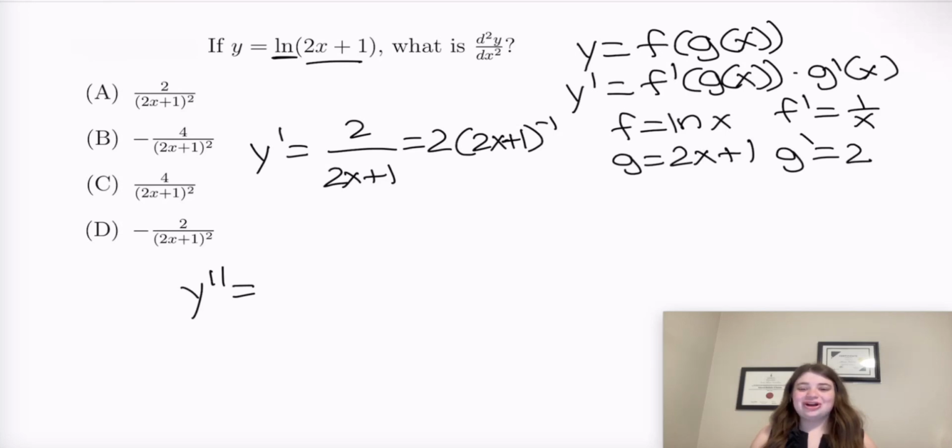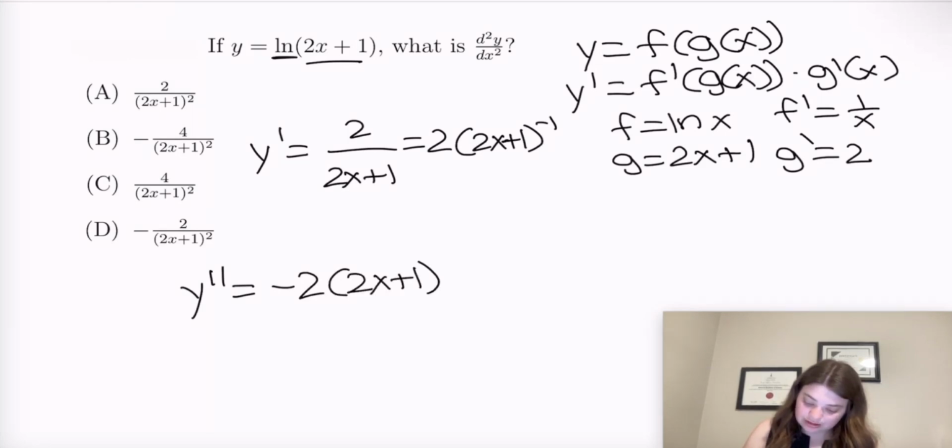This time with our inner function being 2x plus 1, and my outer function being negative 1. So I'm going to put negative 1 out in front, so we're going to get negative 1 times 2, which will be negative 2, times whatever's in there, 2x plus 1, and then we'll subtract that. So we'll subtract 1 from our exponent, so we'll get negative 2 there.